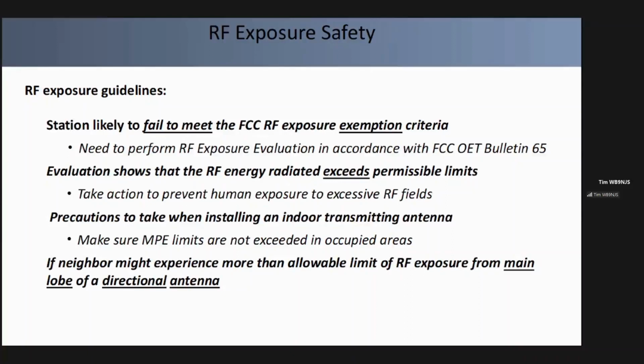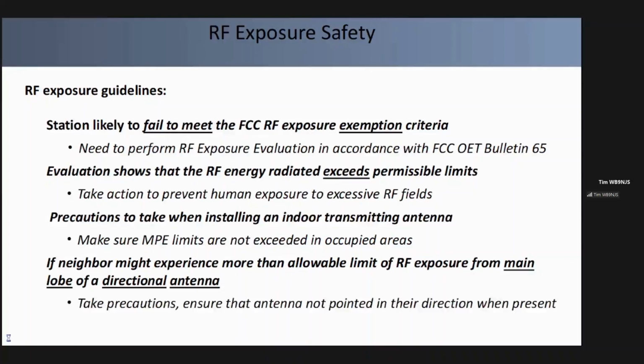Okay, one more question in this train of thought. What happens if a neighbor might experience more than the allowable limit of RF exposure from, and this is key, the main lobe of a directional antenna? So you've got a nice beam antenna sitting there at your station, and you can turn it any way you want. But if the main lobe of that antenna is at your neighbor's house, and there's a chance that it might exceed the RF exposure for your neighbor, what do you have to do?